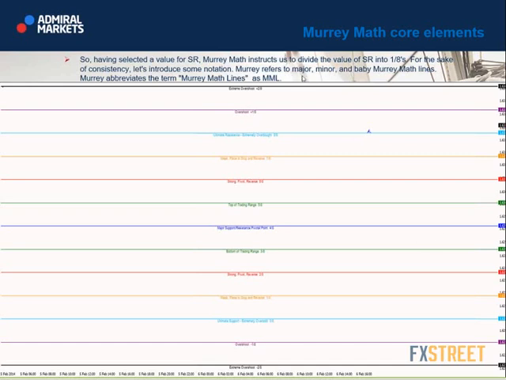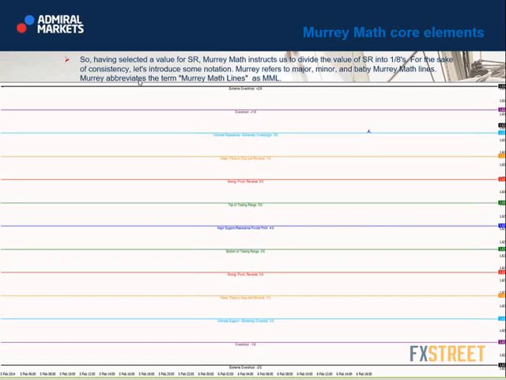For the sake of consistency, we need to introduce notation. Murrey Math refers to major, minor, and baby Murrey Math lines. That said, you should pay attention to major support lines and these pivot points. I will explain that a little further in the webinar.